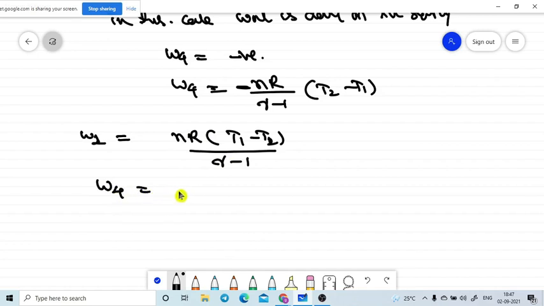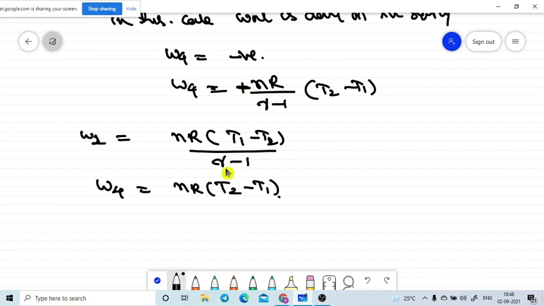Divided by gamma minus 1. Okay, we got like this: nR into T2 minus T1, but negative sign.